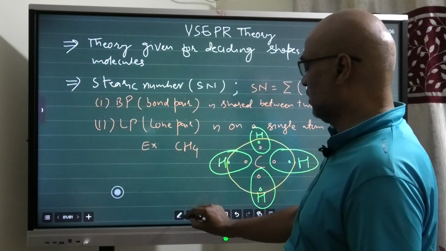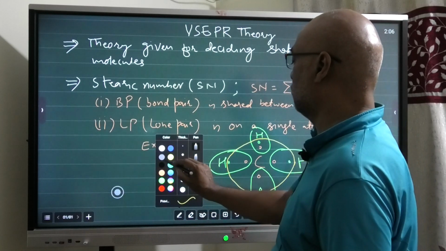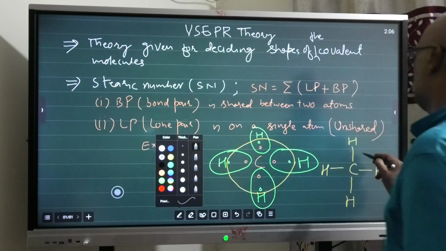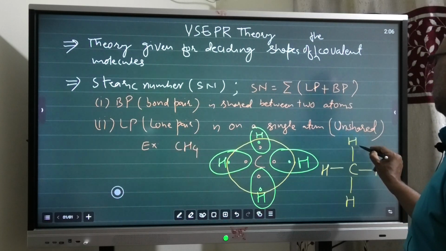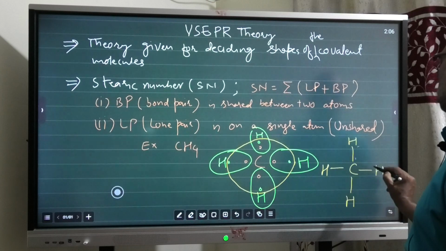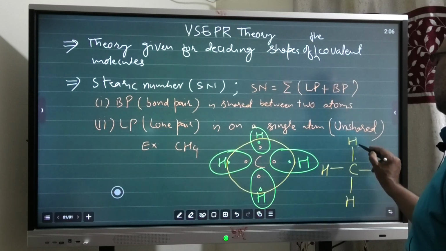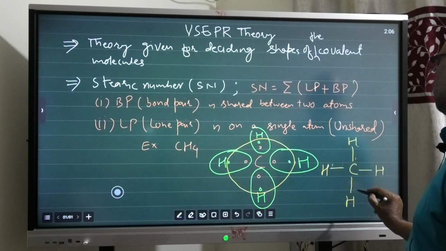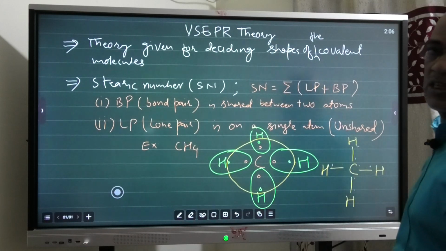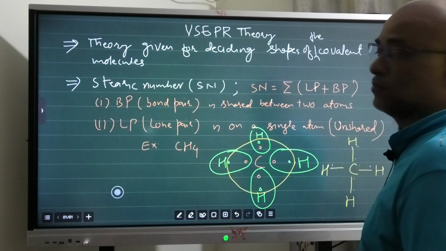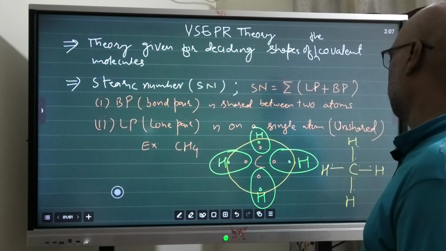I am changing the color so you can see how to count. Watch carefully. 1, 2, 3, 4, 5, 6, 7, 8. This is the counting for carbon, so the carbon octet is completed.